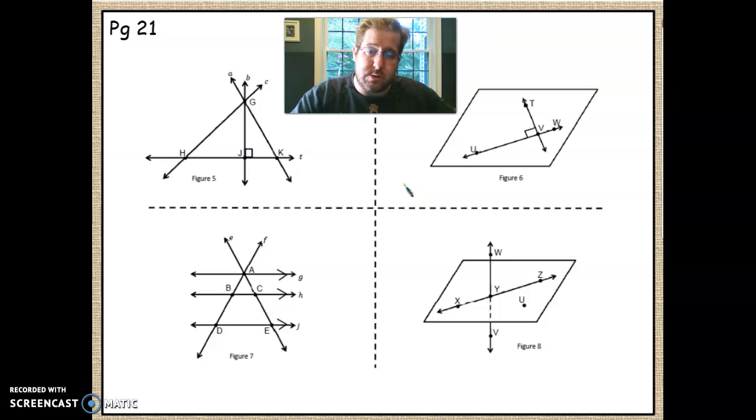There are going to be other ways to describe these diagrams. However you come up with it is your choice.